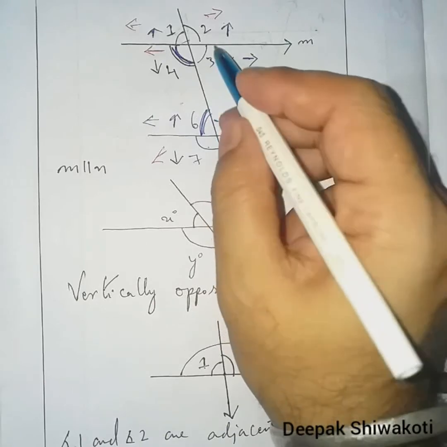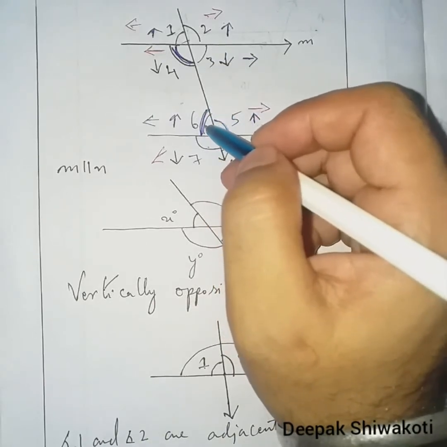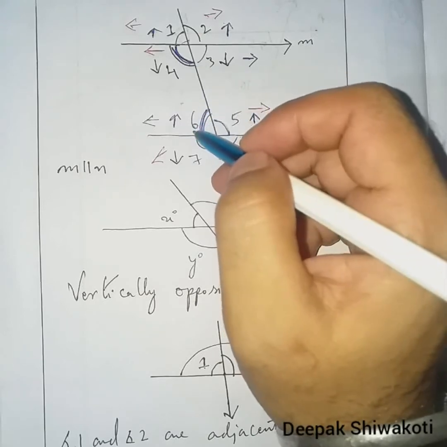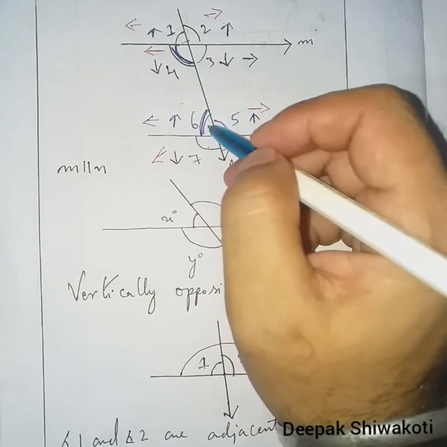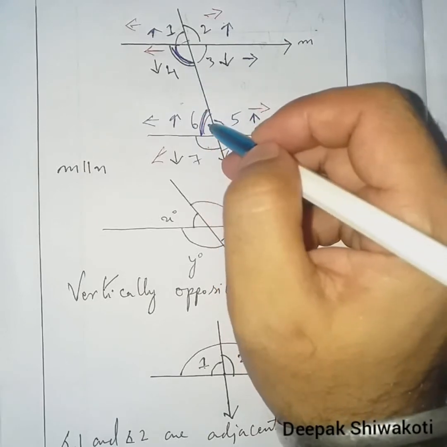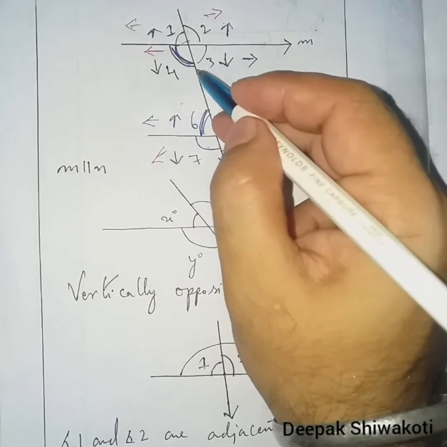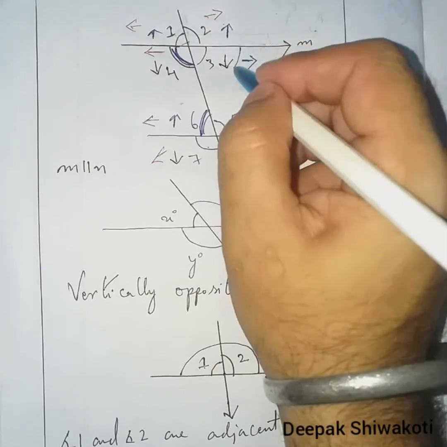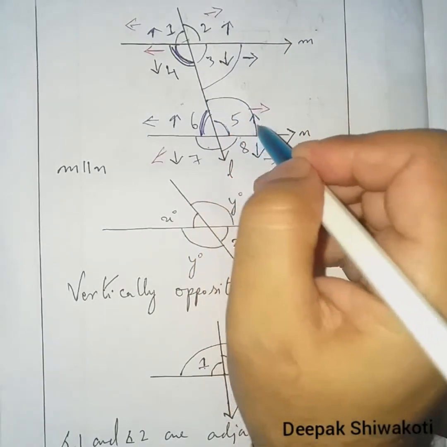In case of parallel lines, if you have to examine whether two lines are parallel to each other or not, you can see the sum of these two angles, co-interior angles. The name is given like this. Or on this side also you can see angle 3 and angle 5, this is also a co-interior angle.